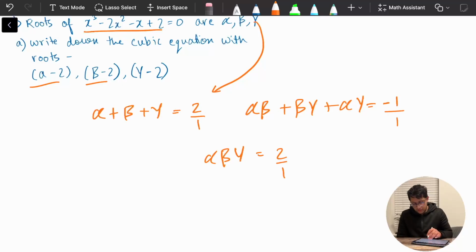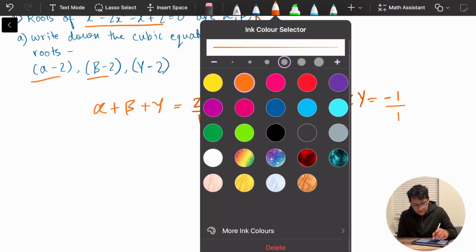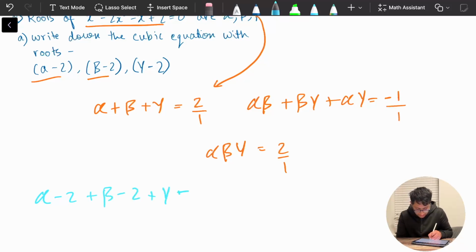So if the roots were to be, for example, alpha minus 2, beta minus 2, gamma minus 2, or actually, you know what, I'm going to do the next quadratic. This is for the first quadratic. Let's do this for the second quadratic. So for this one, alpha minus 2 plus beta minus 2 plus gamma minus 2 will be minus b by a.